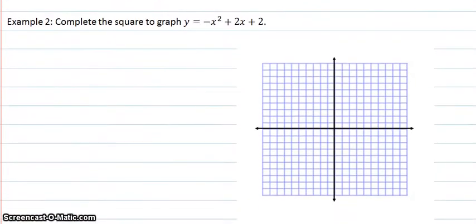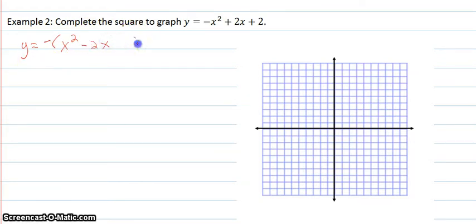Alright, so let's try that again. So I'm going to rearrange this, change the format using completing the square. So I'm going to take that negative on the outside of the parentheses. So I'm going to have a positive x squared, and then I'm going to have a minus 2x.